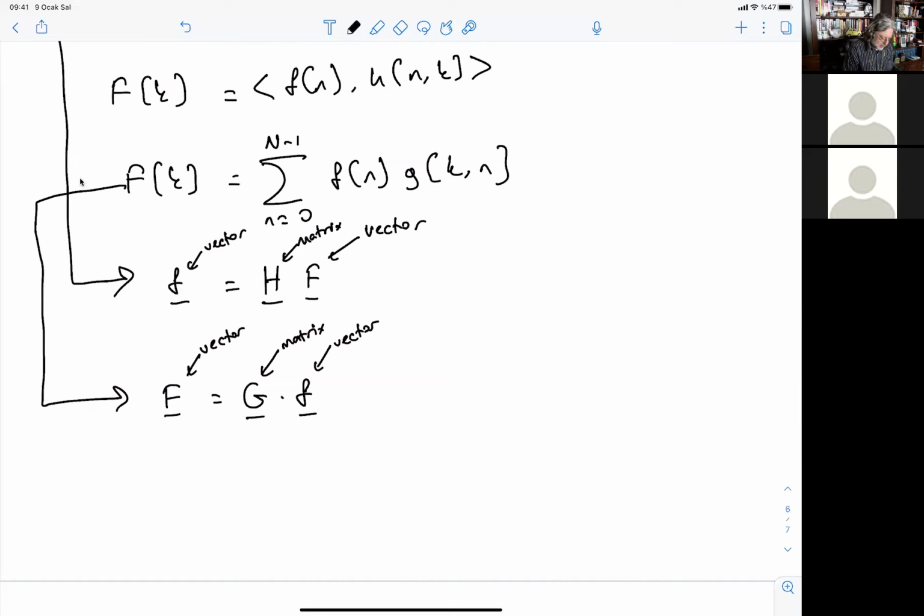So what is the necessary condition for these two to exist? As you see from the first line, we can say that f is essentially capital H inverse times lowercase f.